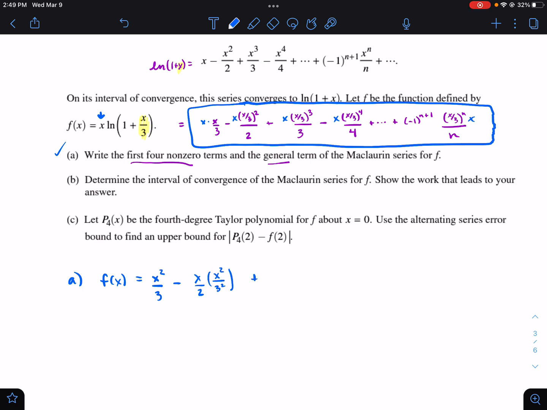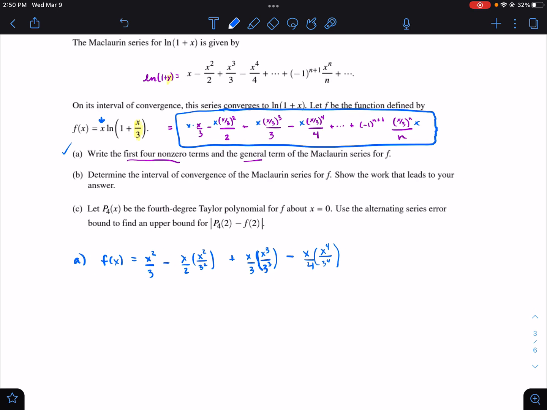Then the next term I have x times x cubed over 3 cubed, and the 3 on the bottom, I'll just go ahead and put there. Looks a little like 33, I want it to be 3 cubed. Okay, so then I go to the next term, which is a minus. It's x times x to the 4th over 3 to the 4th. We were dividing by 4, so that's still just in the bottom with it.